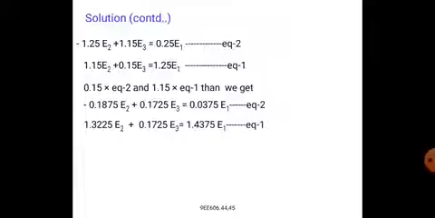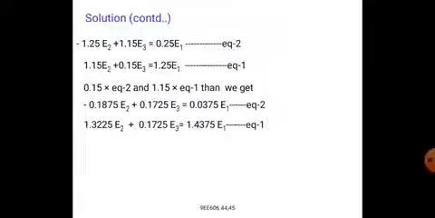Equation 2 multiplied by 0.15 gives minus 0.1875 E2 plus 0.1725 E3 equal to 0.0375 E1. Equation 1 multiplied by 1.15 gives 1.3225 E2 plus 0.1725 E3 equal to 1.4375 E1.